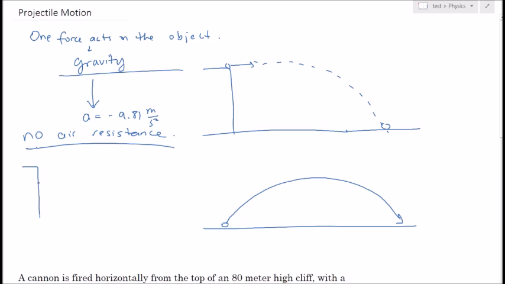So let me repeat that. If I have an object here, and a second object here from the same height, and I just drop this one and I throw this one horizontally, they will hit the ground at the exact same time.